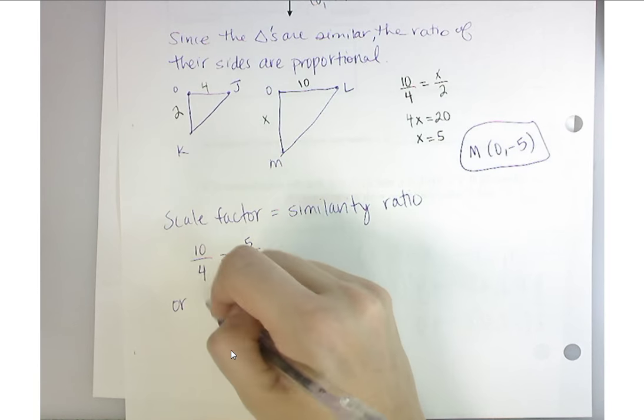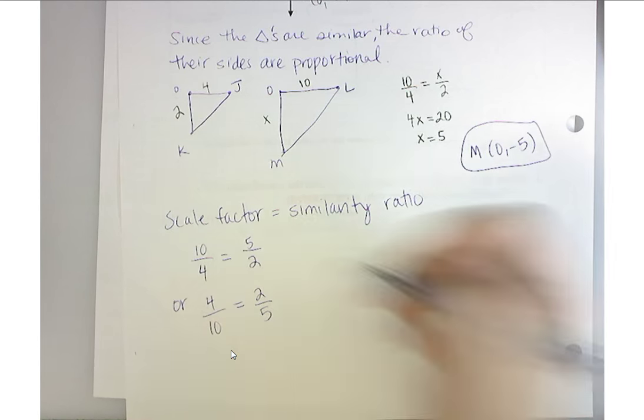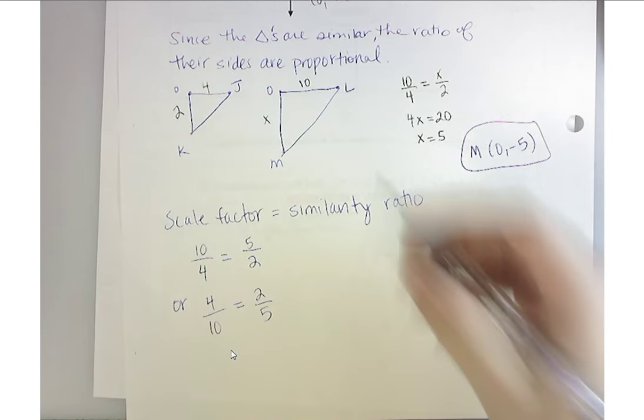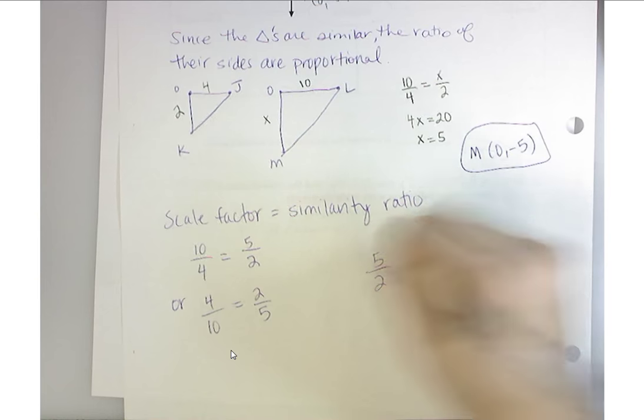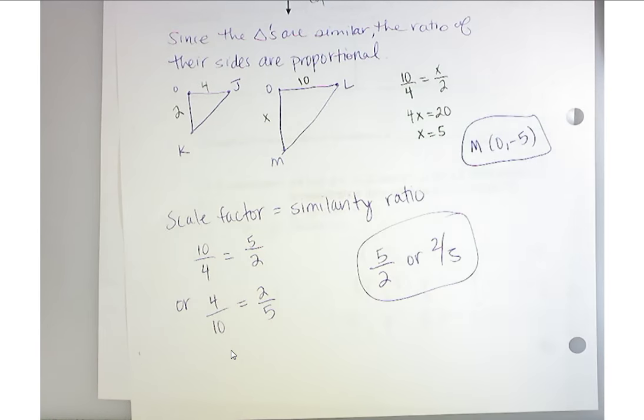Or what if you did 4 over 10? Then you would get 2 over 5. So either of those are correct. Okay, so 5 over 2 or 2/5. On your test or quiz, you could put either one of those and it would be correct.